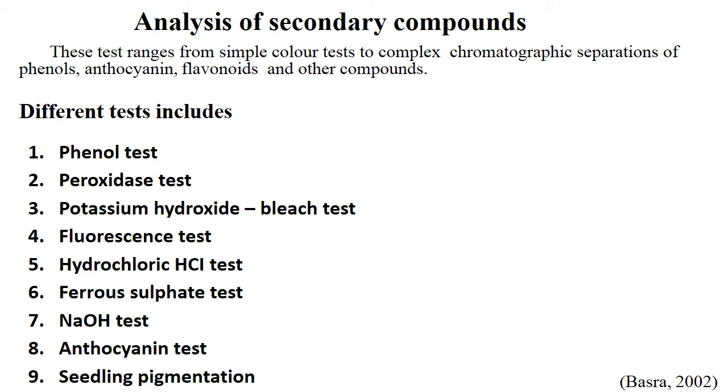Different tests include phenol test, peroxidase test, potassium hydroxide or bleach test, fluorescence test, hydrochloric HCl test, ferrous sulfate test, nitrogen oxide test, sodium hydroxide test, anthocyanin test and seedling pigmentation.